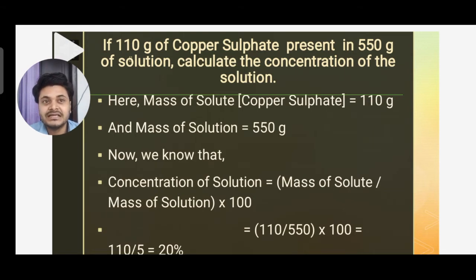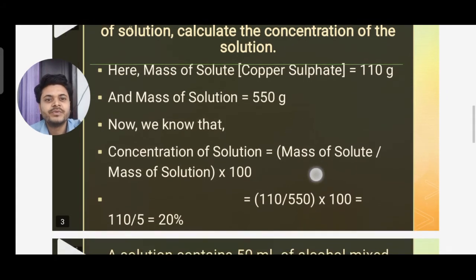Here the mass of solute, copper sulfate, is 110 gram, and the mass of solution is 550 gram. We know that concentration of solution is equal to mass of solute by mass of solution into 100. So 110 by 550 into 100 comes to 20%.